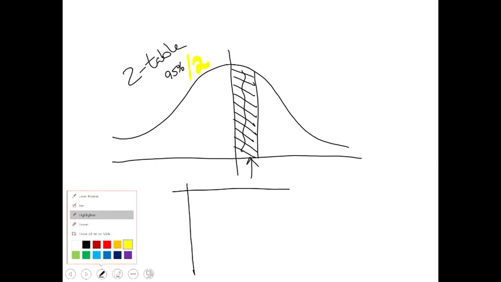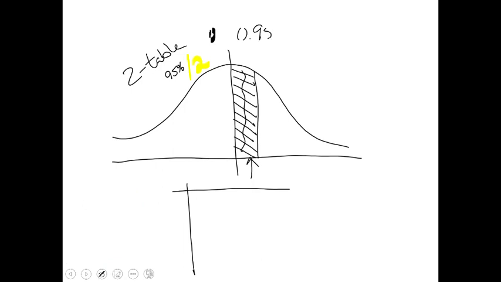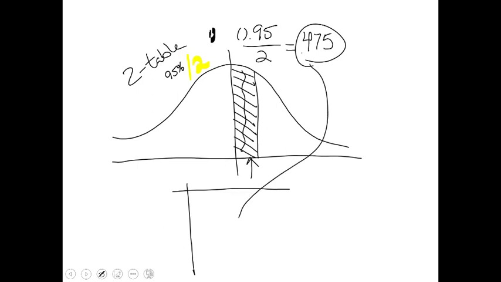So it would be 0.95 divided by 2 equals 0.475, I believe. That's the value, 0.475, that you look up in the body of the table, and then you follow it across and you follow it up to obtain your z.